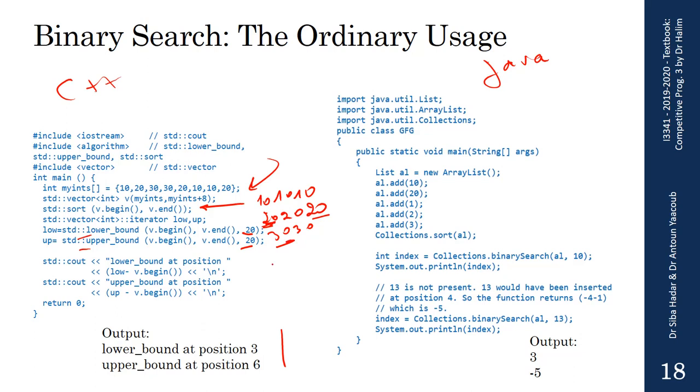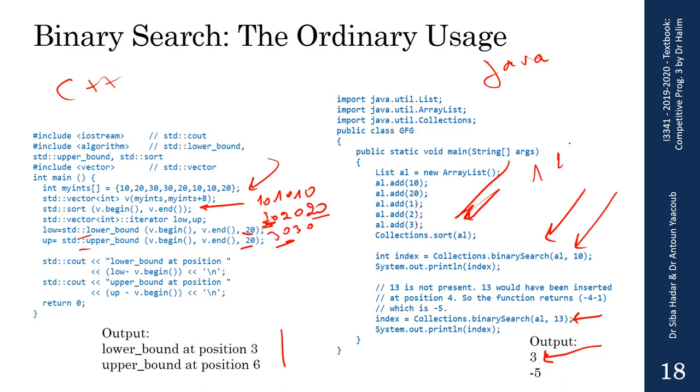In Java we have the function called binary search in the collections. We have an array, and we sorted it using the function sort. We look for the element 10. 10 is at index 0, 1, 2, 3 when the array is sorted, so the output will be 3. However, if I want to search for 13, the answer would be -5. Why?